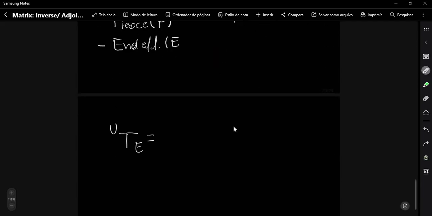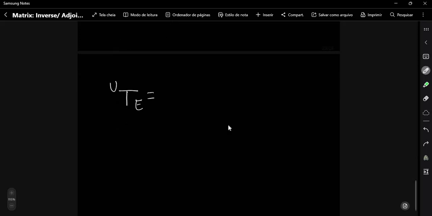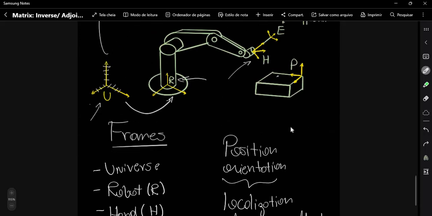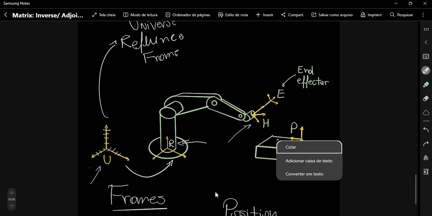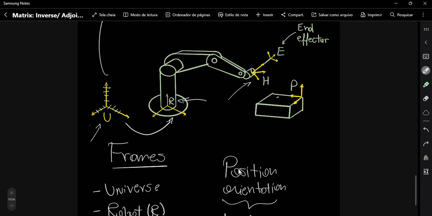And now, what are the paths that this robot can take in order to be at this point with a certain position and orientation?